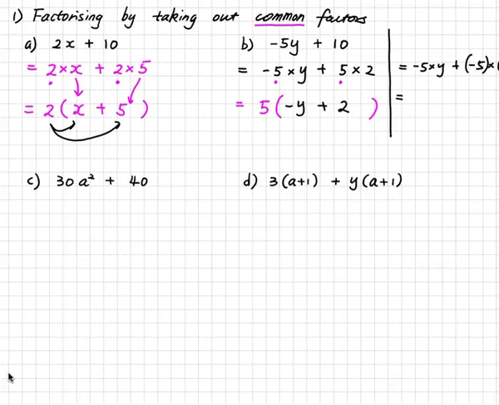So for this case, your common factor will be negative 5, and put the brackets on, and what's left is y plus negative 2. So therefore it's negative 5 bracket y minus 2. It doesn't matter which one, when you expand it, both will lead to the original question, so both are correct.